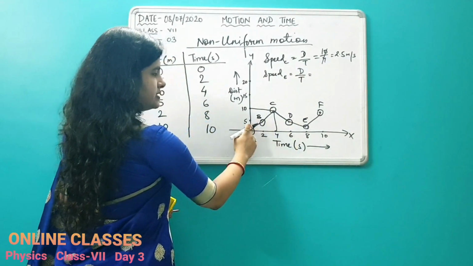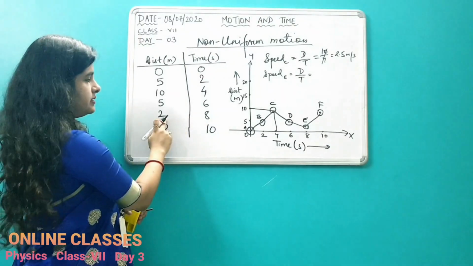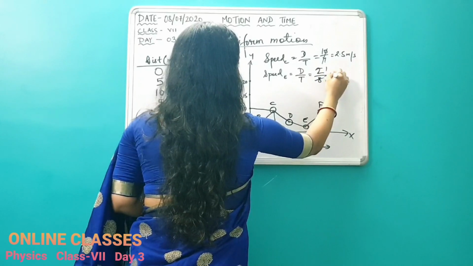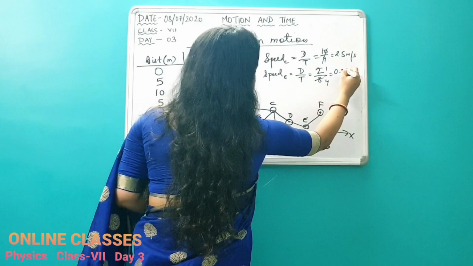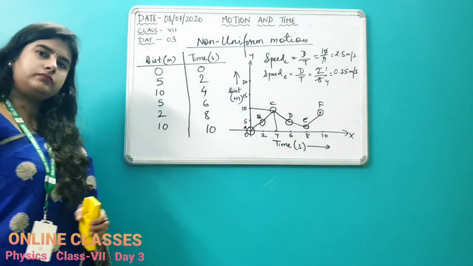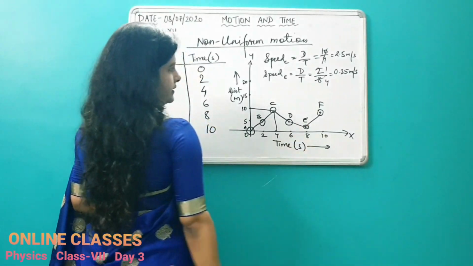Again, distance here is 2. When time is 8 seconds, distance is 2 meters. So 2 by 8, that is 1 by 4, which means 0.25 meter per second.